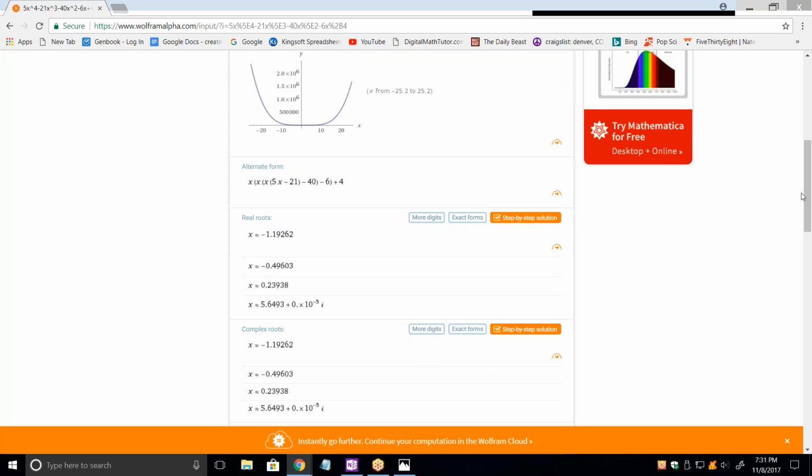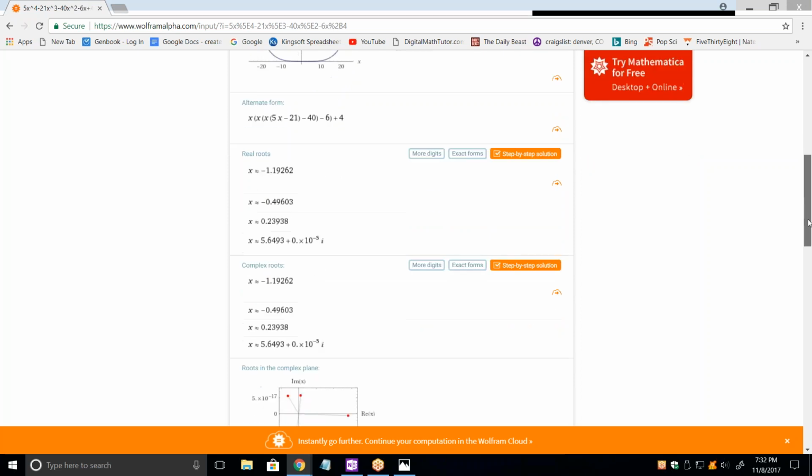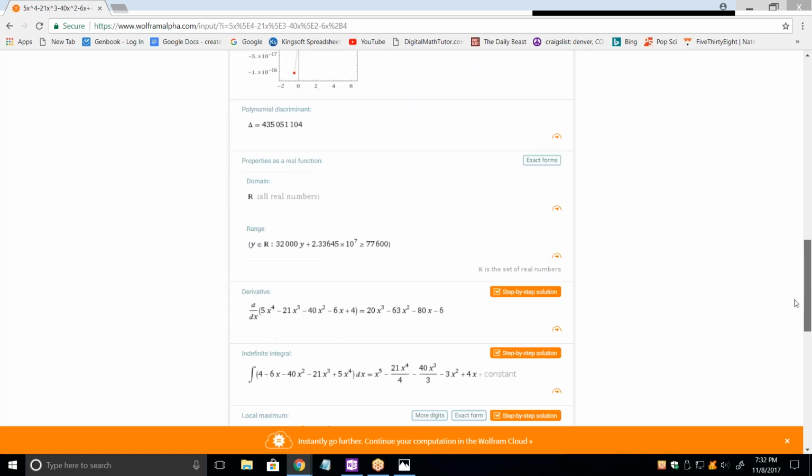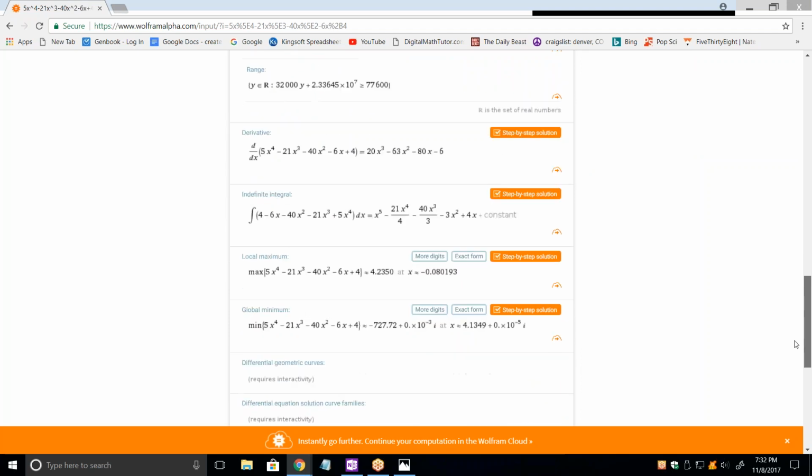I've never seen that done ever. Plus, they list under real roots, and then they also list the same 4 roots under complex roots. What's with that? Oh well, maybe that wasn't the best one to illustrate.